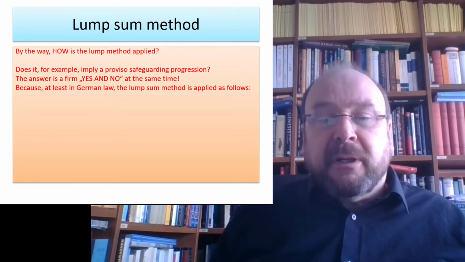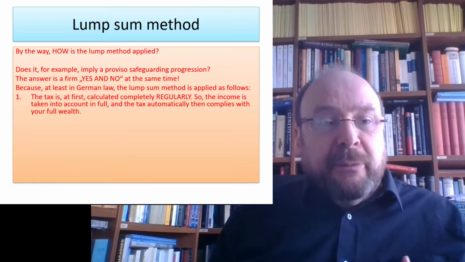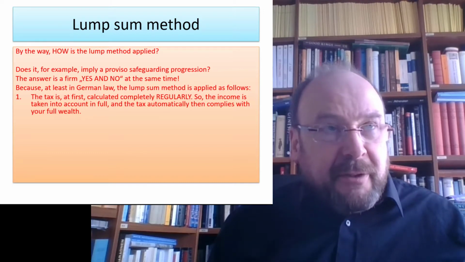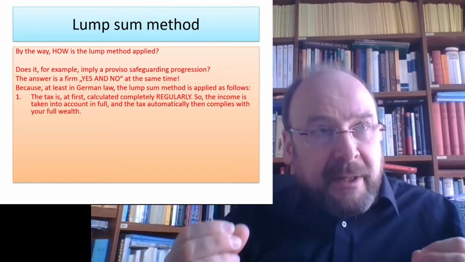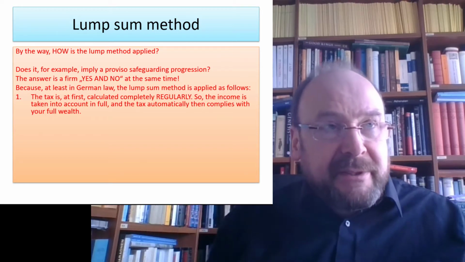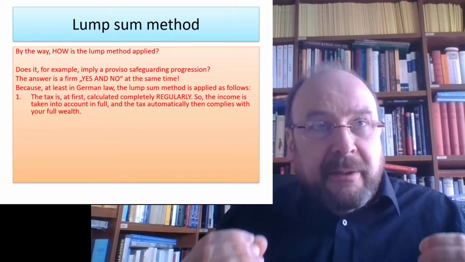Now I hope you are a bit curious, because the way that method is applied is, first, that income which is involved is completely regularly added to your taxable income. The tax is completely regularly computed, so you do not have a problem with the progression.